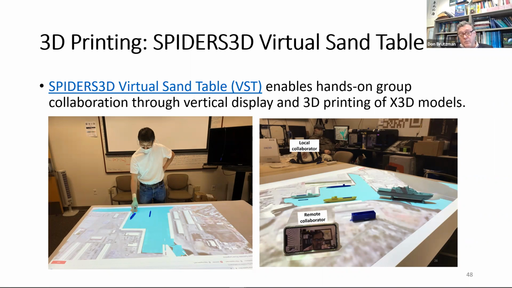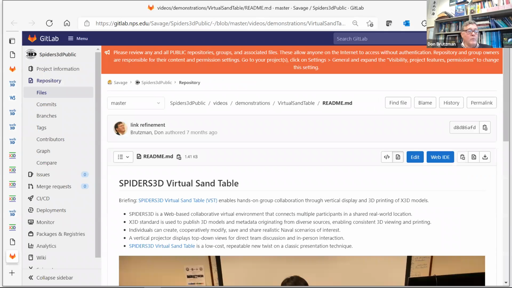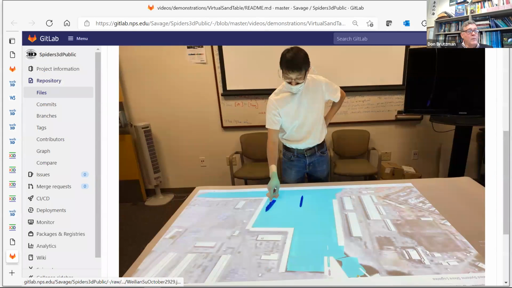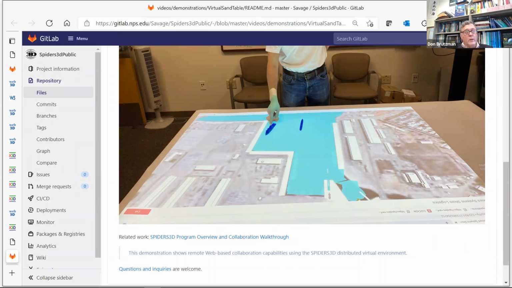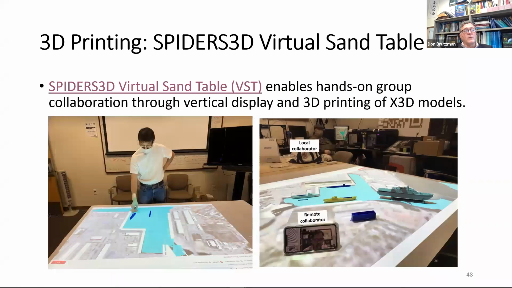Again, it happens to be NPS, but we took a vertical projector overhead and 3D printed some of the same models that exist in this 3D scene and started superimposing them and pushing toy boats around the table and looking at it. So if you want a detailed slide set of how we put that together, feel free to go there. 3D models can be rendered in all those different ways, but they can also be rendered physically, printed out.